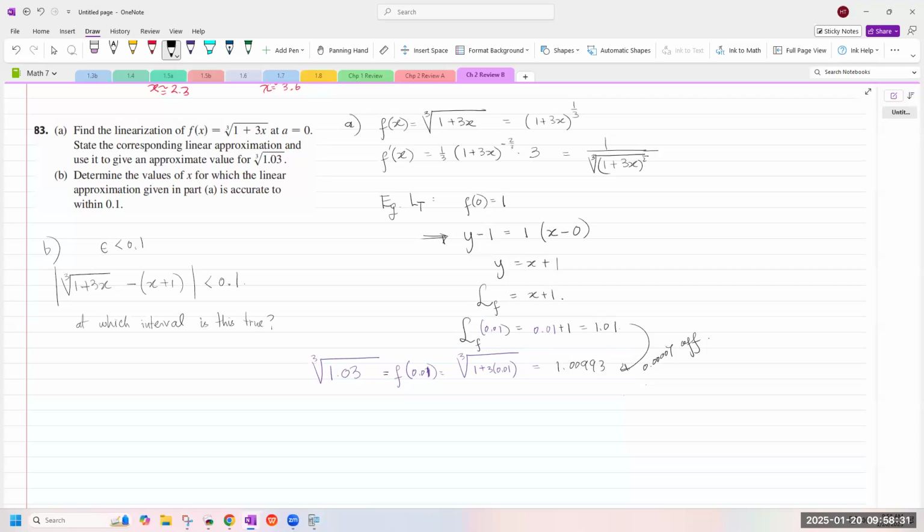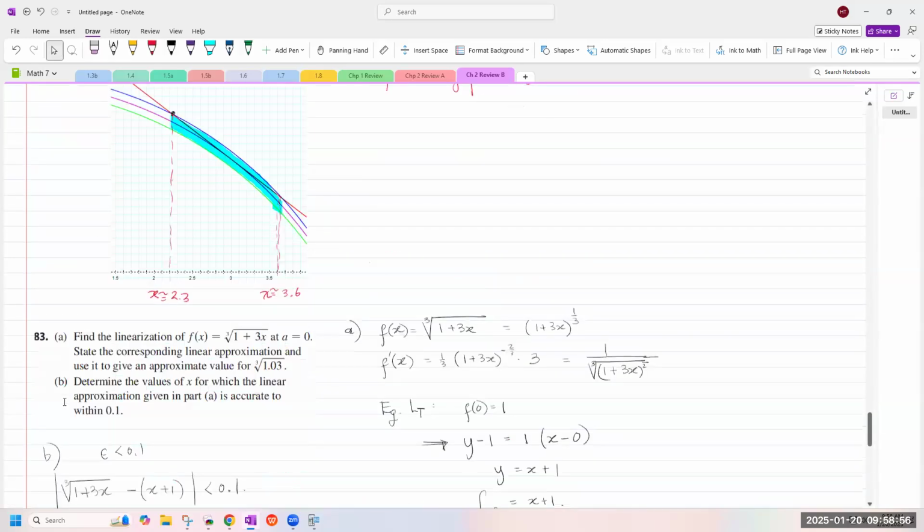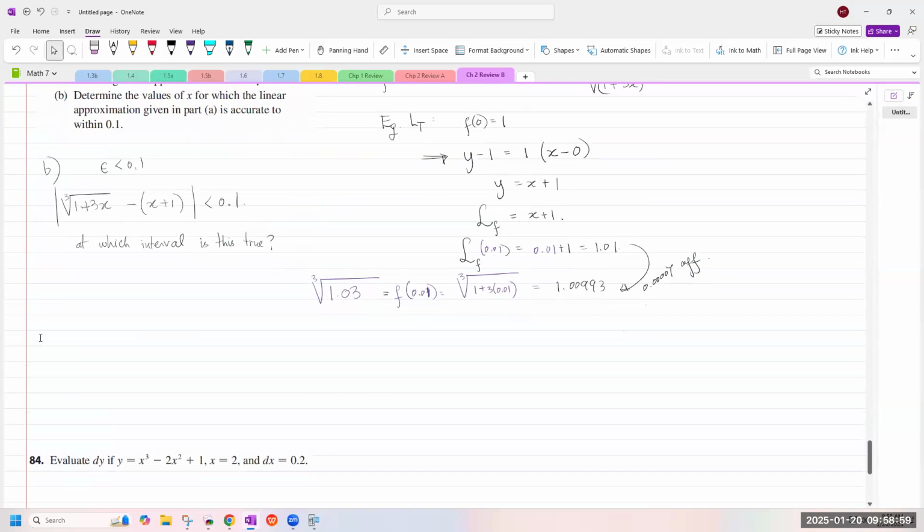Similar to the one I did up here, we do the graphing and see in which interval the graph is within the band. Yes, it is within the band in this interval here. So you basically do the graphing.